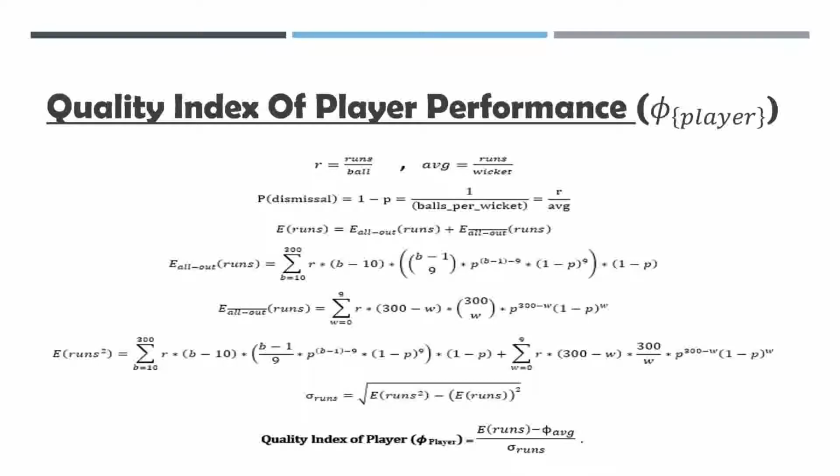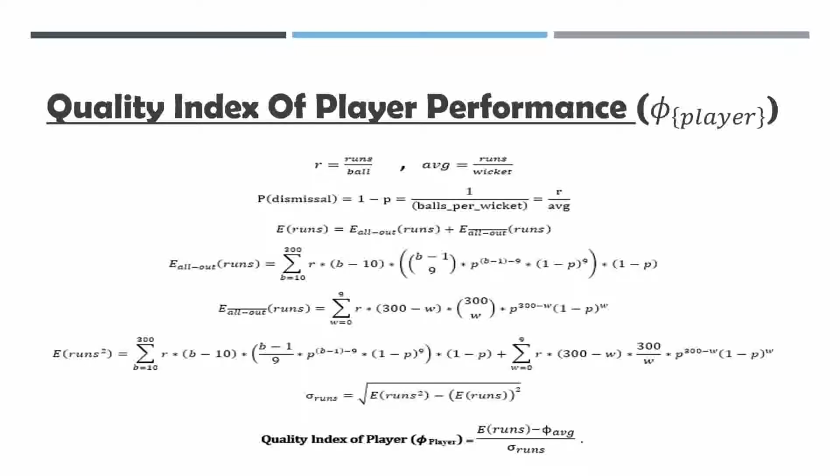So the expected runs for a player is a summation of two scenarios mentioned here. First, when we have an all out, that is all 10 wickets of the batting side have fallen within 50 overs. And second, when we don't have an all out, and the batting side completes their quota of 50 overs without losing all 10 wickets.